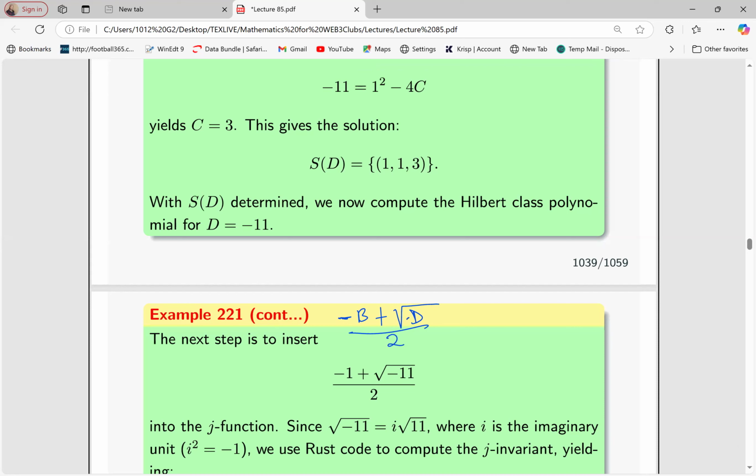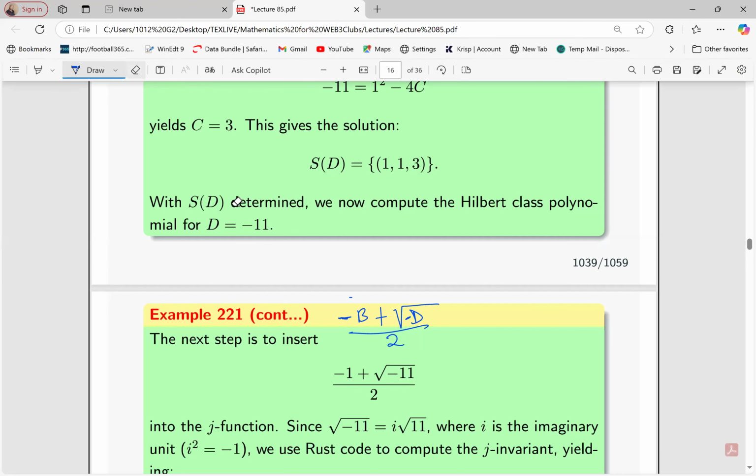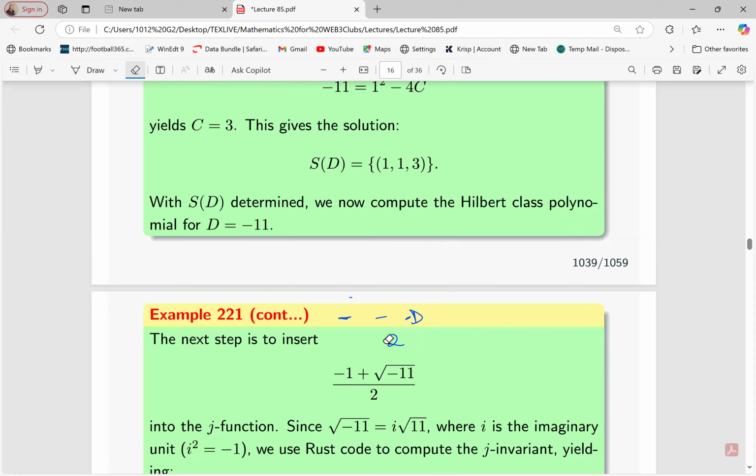And remember, our D is negative here. So now you want to get the J invariant at this point. The J invariant is what will send you to choose the type of curve that you want from the types we have.